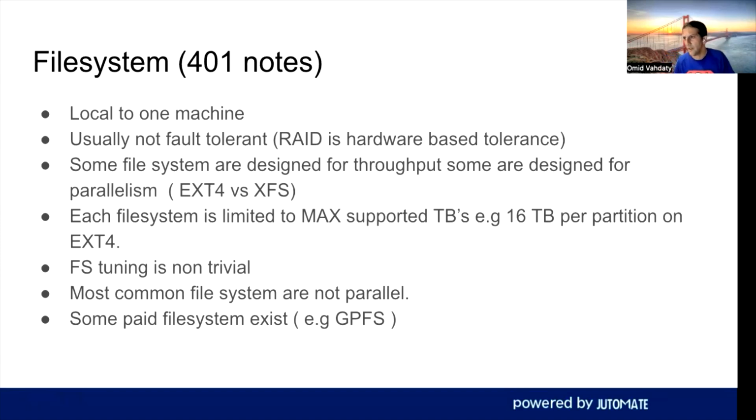Some of the file systems are designed for throughput, some are designed for concurrency or parallelism. For example, these are the main 2 differences between XFS and EXT. This can affect your performance on data center deployments, but again, not relevant for EMR.